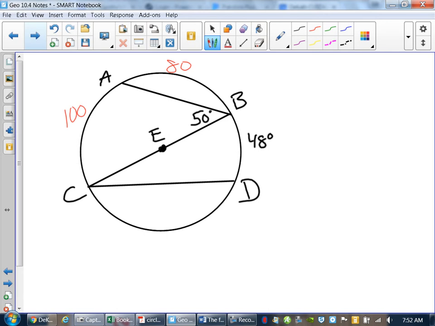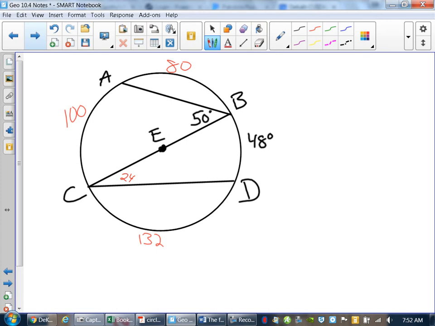If the arc is 48, what's the angle that it hits it? 24. Which means, what do you have left then for CD? 132, very good. Because you know a diameter, you've got one inscribed angle, and then you also have the other bits.